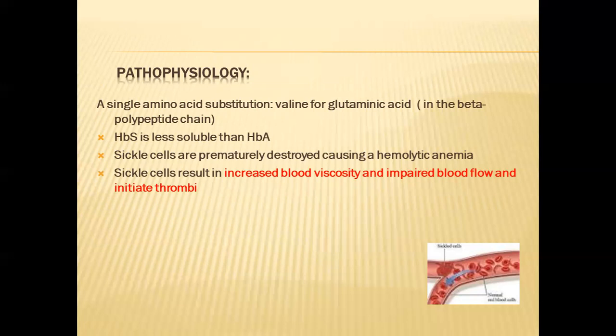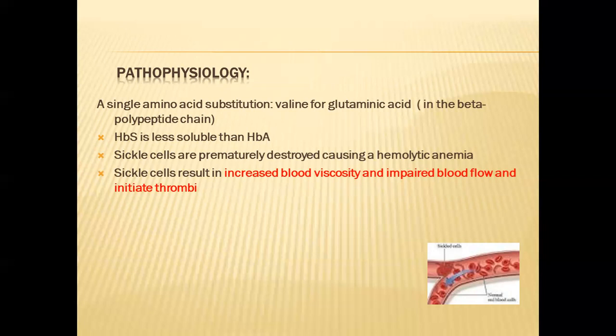The different signs and clinical features of sickle cell anemia, which we will see later in the other slides, you must understand through the basic pathophysiology of this disease. Because it causes increased blood viscosity, impaired blood flow, and they initiate thrombi, you will then know the clinical features.